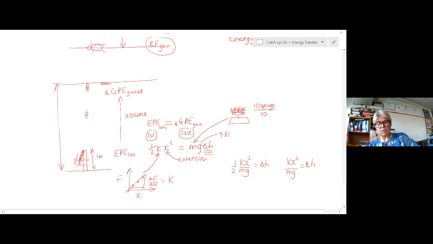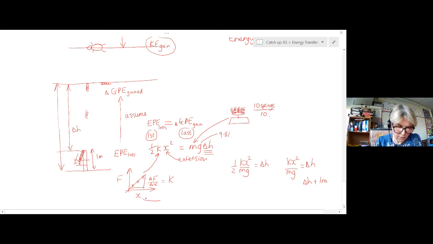But don't forget, change in height is from here. So this will be the change in height from here up to here. So we will have to add the change in height plus 1 meter to get to the height of the ruler.